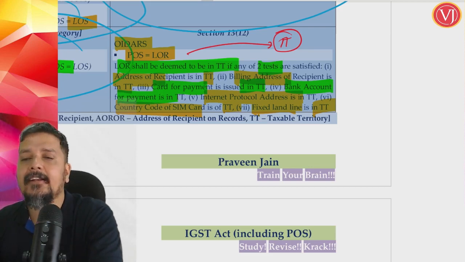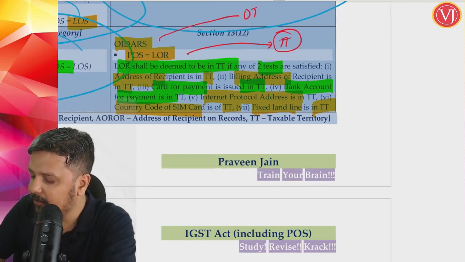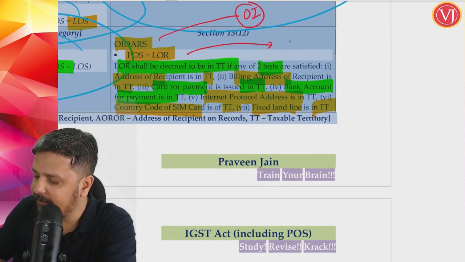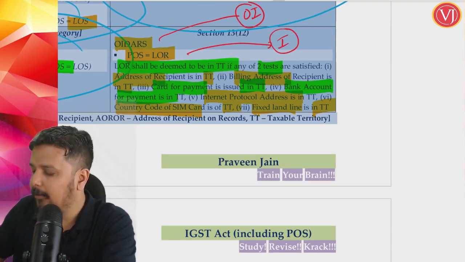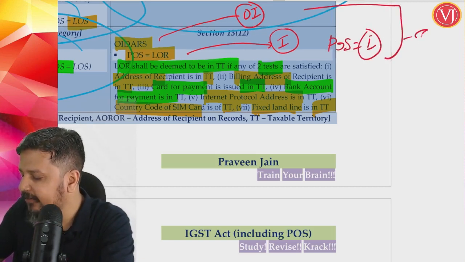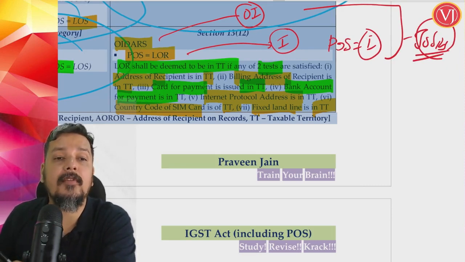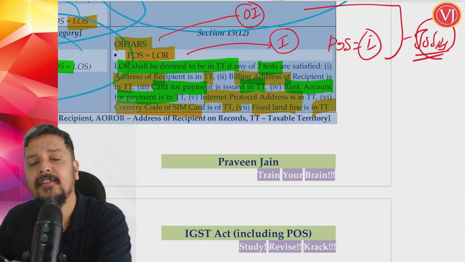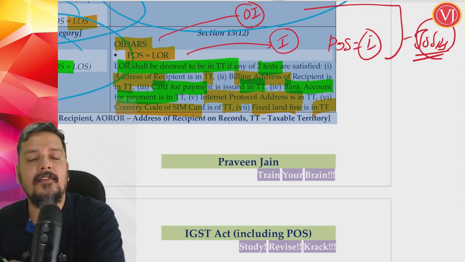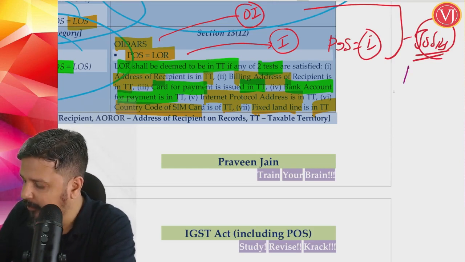Now, why do they say it? If OIDR supplier is outside India and recipient is in India, place of supply is also in India, it will be treated as import of services. And mind you, in the case of import of services, normally it is RCM, but in this case it will be FCM.